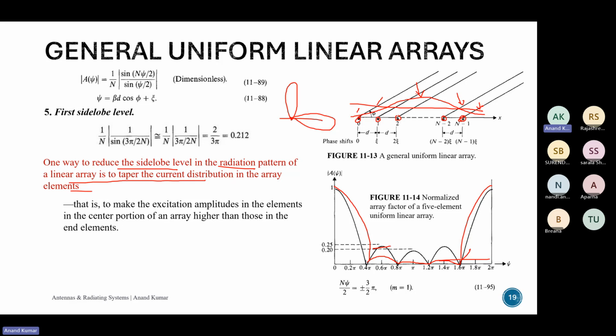So this implies, probably, though I cannot say with 100% certainty, that the side lobes of the broadside would be smaller compared to the side lobes of the end fire. So the side lobes in the end fire would be larger.